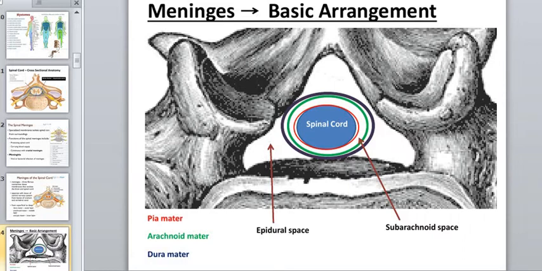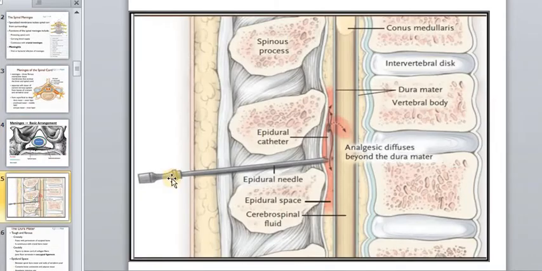An injection of novocaine into the epidural space can reduce the sensitivity of a big part of the body without the use of general anesthesia. At the end of the practice, we will watch a special video about epidural anesthesia. And here you can see in what space we move the novocaine, the analgesic, and its diffusion beyond the dura mater.